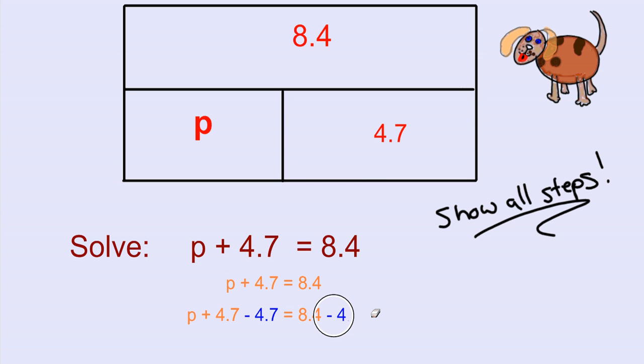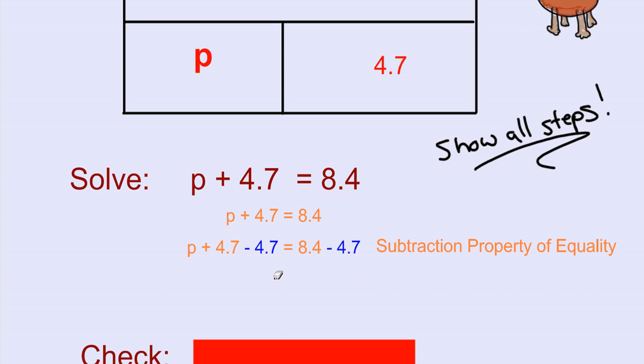So I'm going to subtract it from both sides because the subtraction property of equality tells me whatever I do to one side, I must do to the other in order to keep them equal or equivalent. Next step, I'm going to evaluate. And we get this. P plus 0 equals 3 7/10. Don't forget to line up your decimals when you're subtracting decimals.